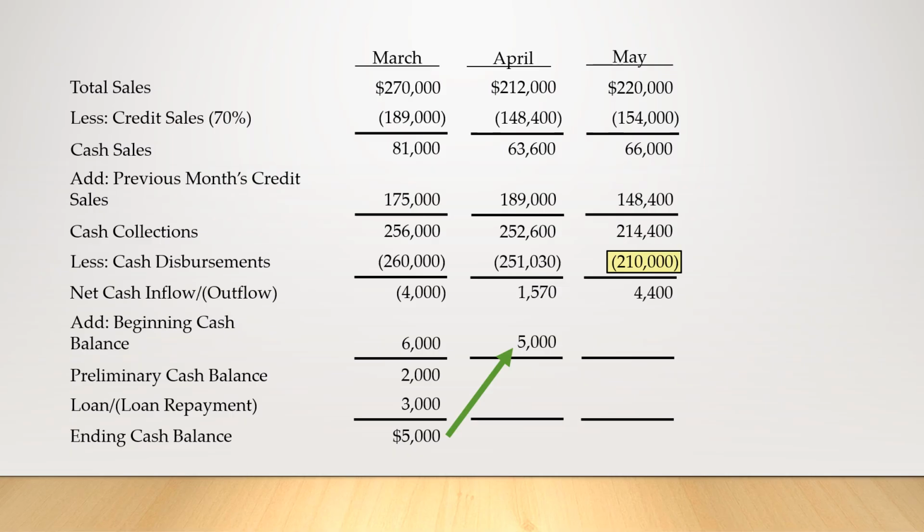Combine that amount with the net cash inflow to get a preliminary cash balance of $6,570. Carson Industries has excess cash over $5,000 that it can use to repay that loan, so it'll repay $1,570, just enough to leave it with that minimum $5,000 cash balance, which will become May's beginning cash balance.